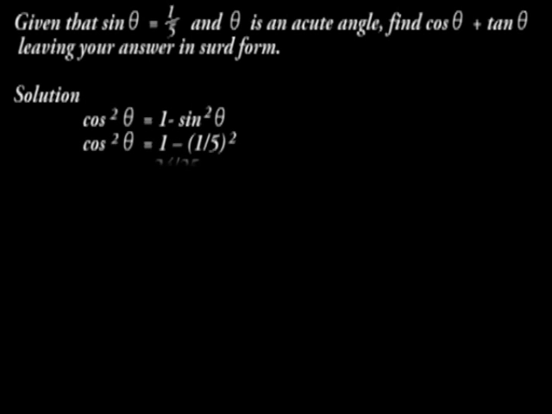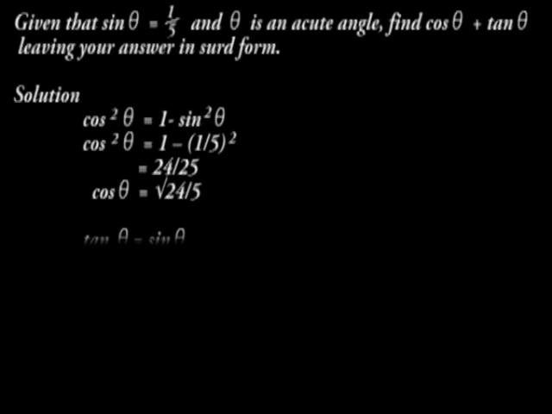Cos squared theta is therefore equal to 1 minus 1 over 25, which gives us 24 over 25. Taking square roots on both sides, we have cos theta is equal to root 24 over 5.